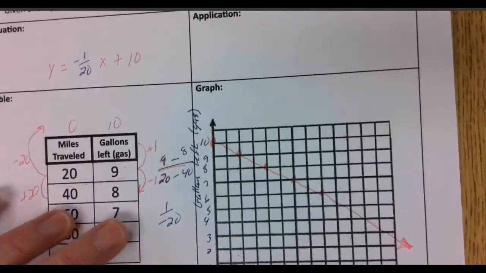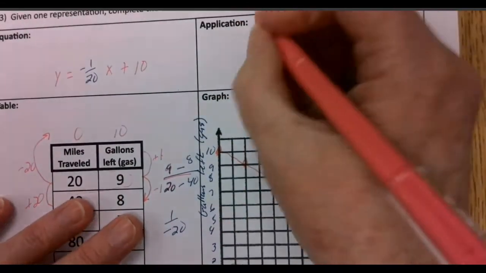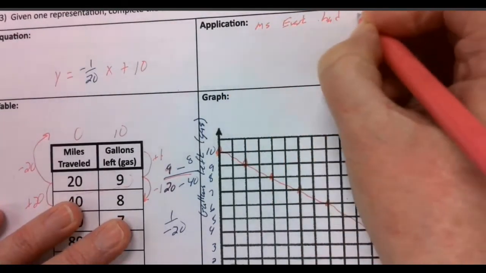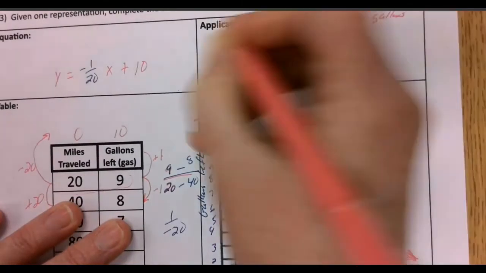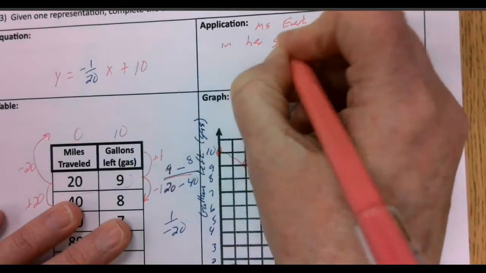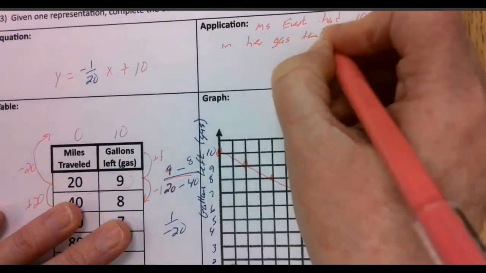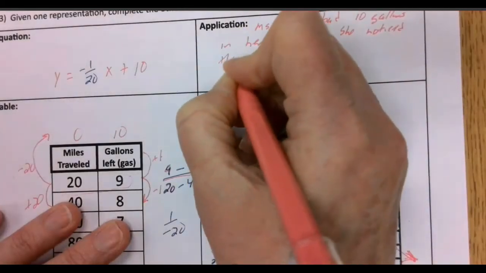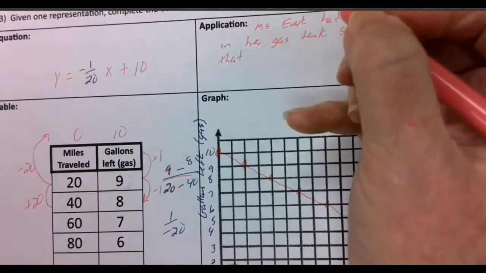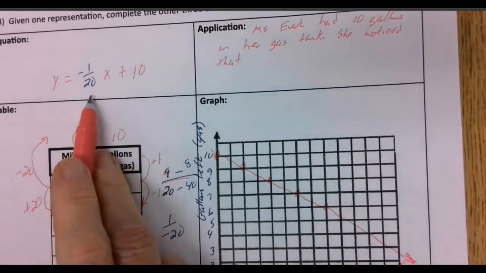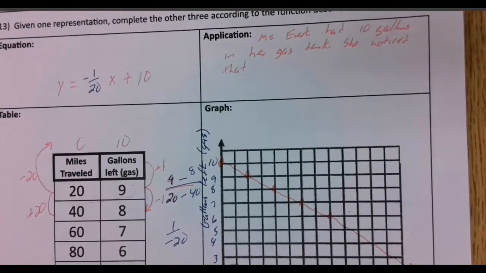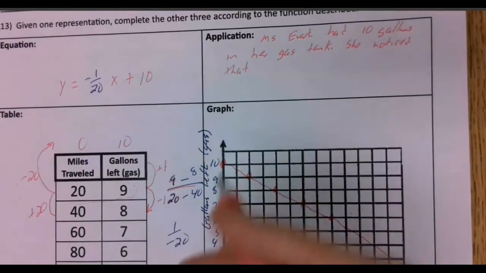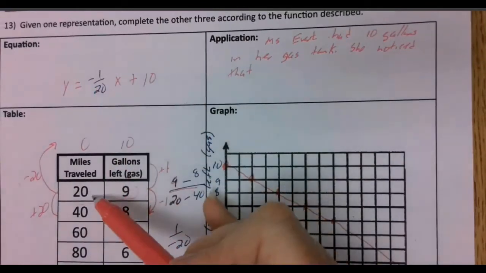The application for this, you can do it a couple different ways. One that I had was Miss Everett had 10 gallons in her gas tank. She noticed that, you could say this two ways. One, that her tank goes down by 1 every 20 miles that she goes.